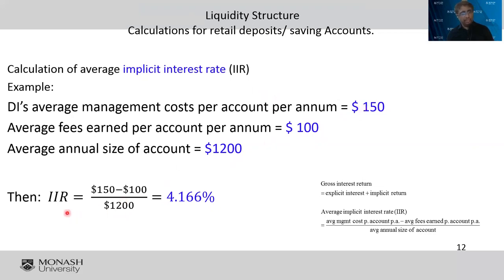They can calculate the IRR. So they take 150 minus 100 over the 1,200. You cost them actually 4.16%, because they are providing services for 150 and they charge you only 100.